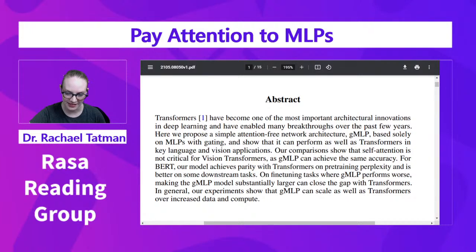On fine-tuning tasks where gMLP performs worse, making the gMLP model substantially larger can close the gap with transformers. In general, our experiments show that gMLP can scale as well as transformers over increased data and compute. Interesting.